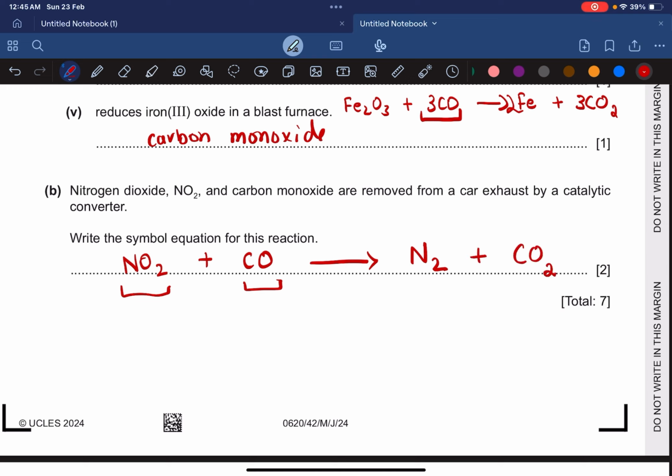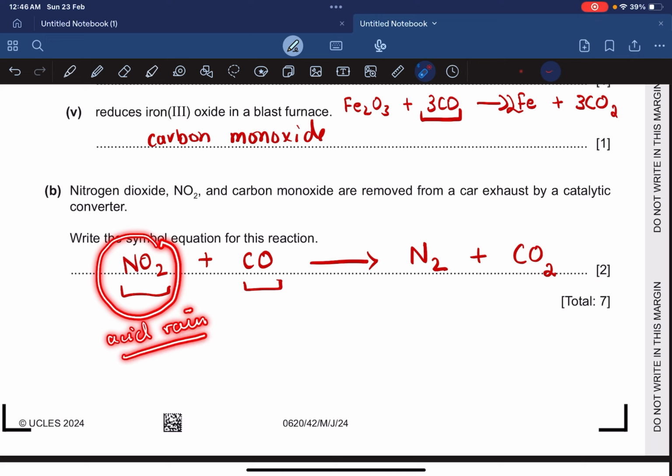Why? Look, nitrogen dioxide is more harmful. It causes acid rain, it causes respiratory problems, it causes photochemical smog, it has a lot of problems, okay? Whereas nitrogen gas is the main constituent of your air. Your air 70% is made up of nitrogen gas.